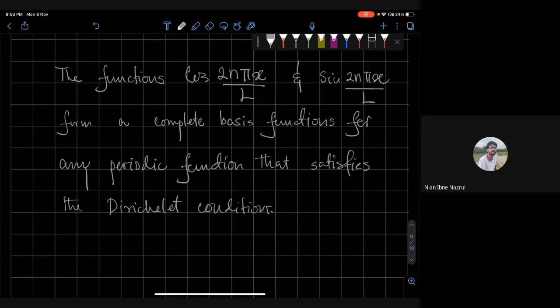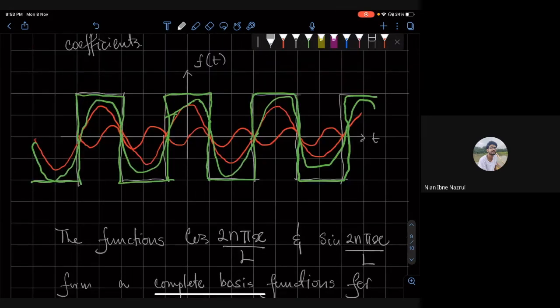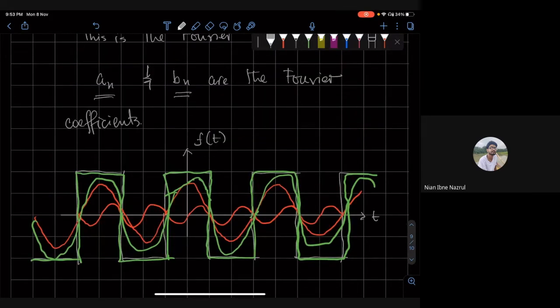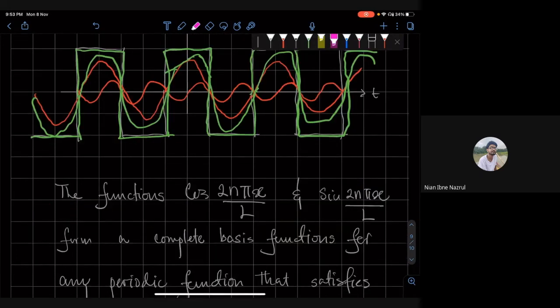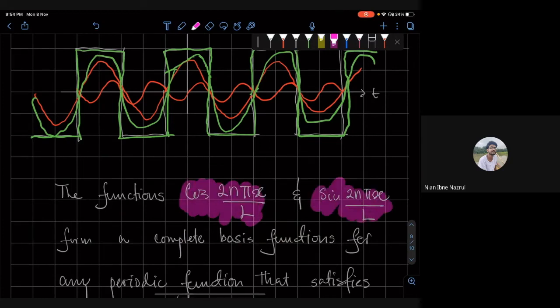Okay, so the magic is in these coefficients. These coefficients control how much of these functions you add to the mix, right?